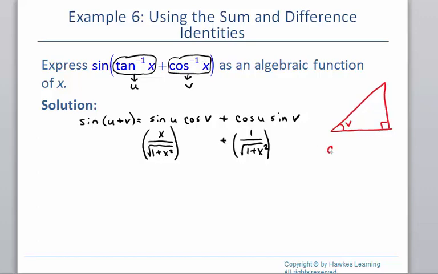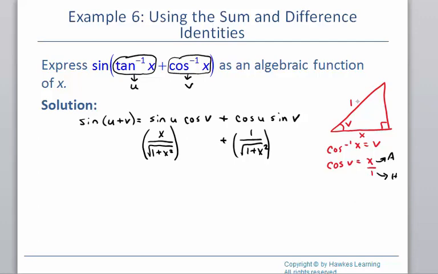We know that cosine inverse of x is equal to v, which again, remember when we take that out of the inverse form, that means that cosine v is equal to x. I'm going to write the x over 1, and remember my SOHCAHTOA. So this is my adjacent side, and this is my hypotenuse. So I'm going to plug in as an adjacent side x and hypotenuse of 1.